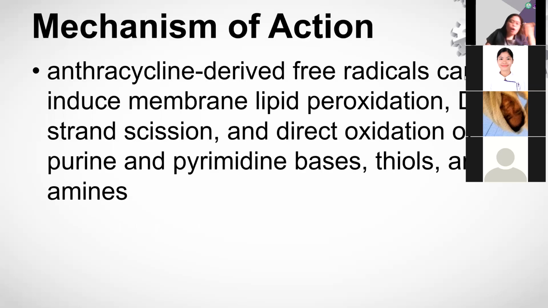So the mechanism of action for our anthracyclines: they are converted inside the body into free radicals. These free radicals can induce membrane lipid peroxidation, DNA transition, and direct oxidation of purine and pyrimidine bases, thiols, and amines. Number one, it can affect the lipid metabolism of the cells, especially the cancer cells.